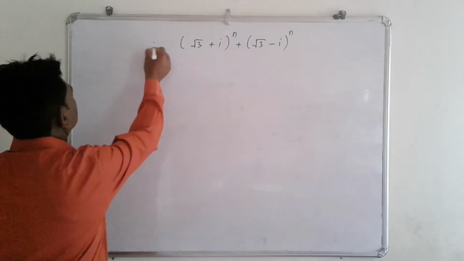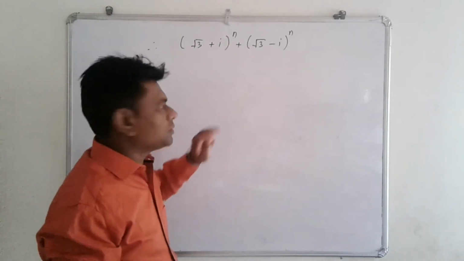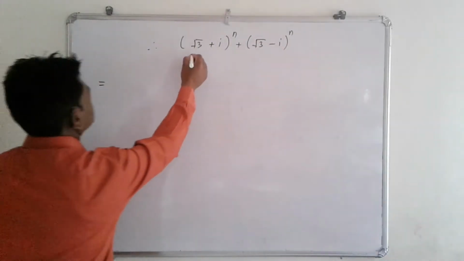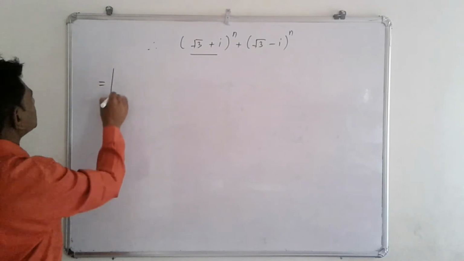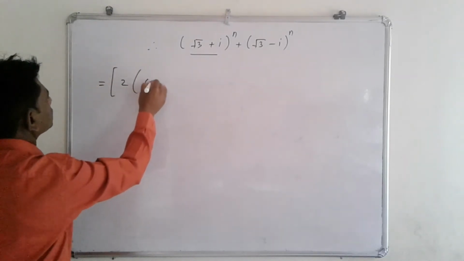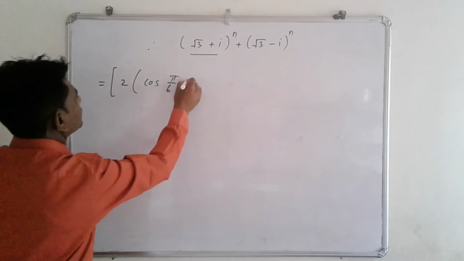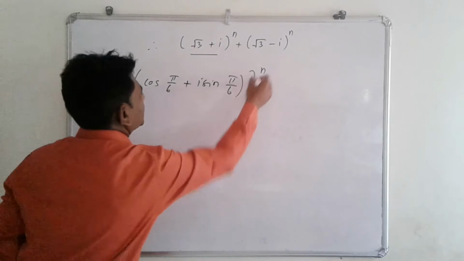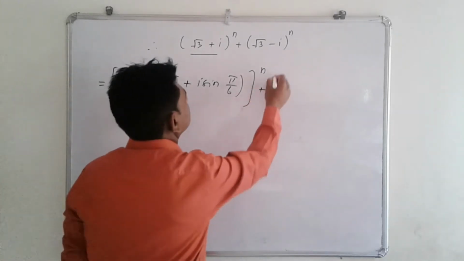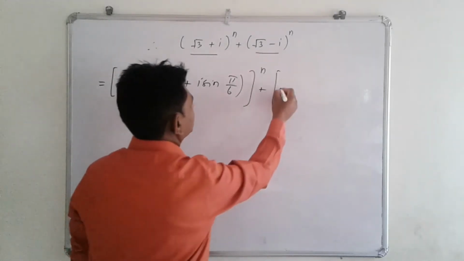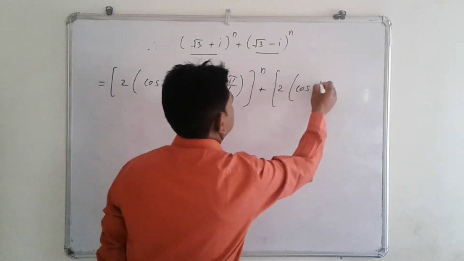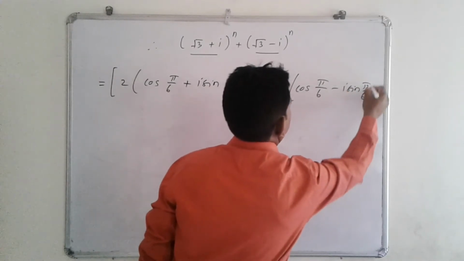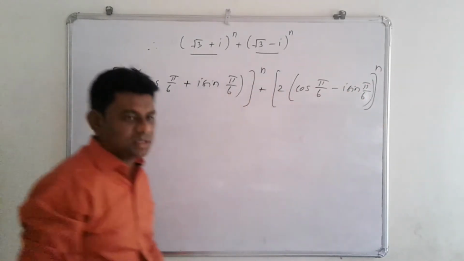Therefore, (root 3 plus i)^n plus (root 3 minus i)^n is equal to (2 cos pi by 6 plus i sin pi by 6)^n plus (2 cos pi by 6 minus i sin pi by 6)^n.